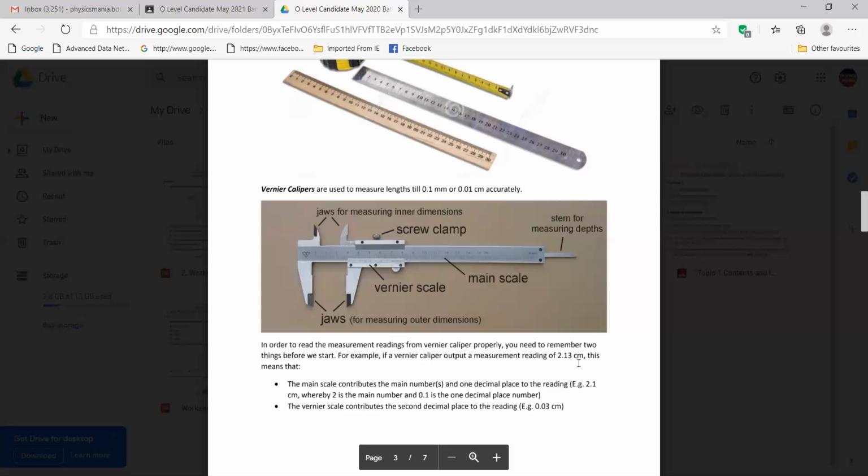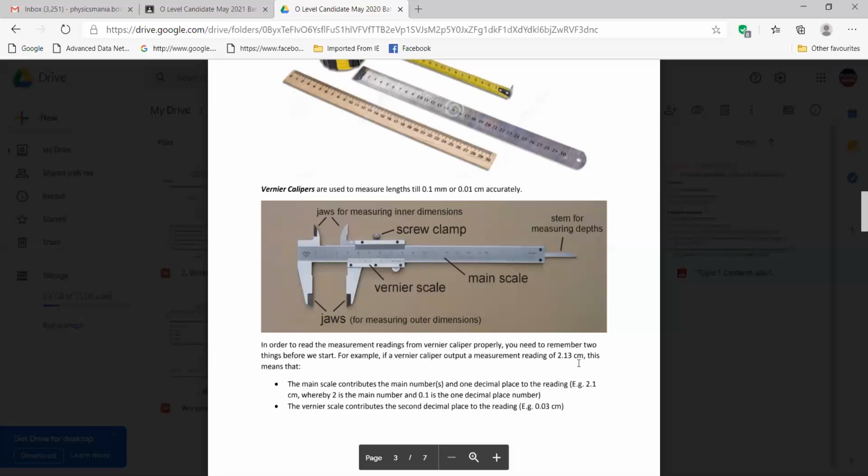Read. Jaws for measuring inner dimensions, screw clamp, stem for measuring depths, vernier scale, main scale, jaws for measuring outer dimension.